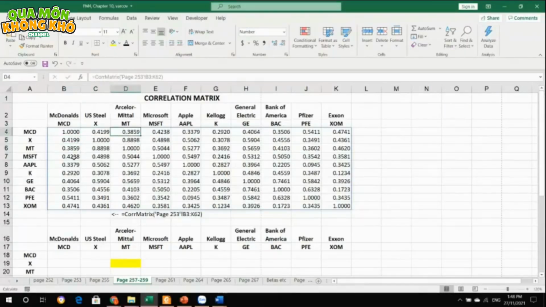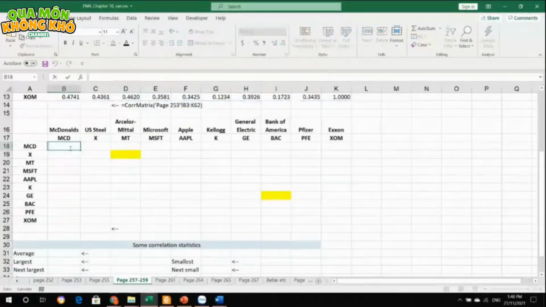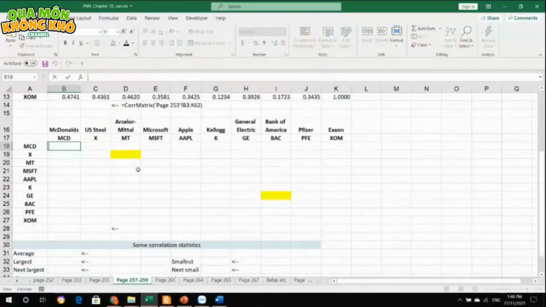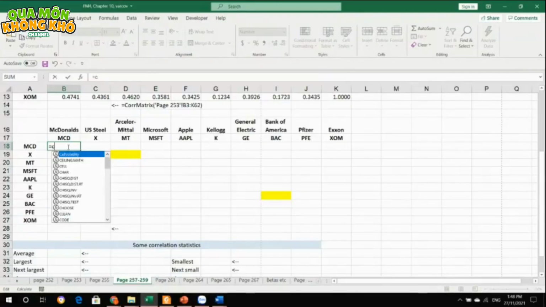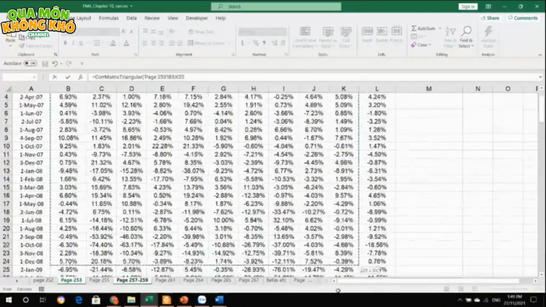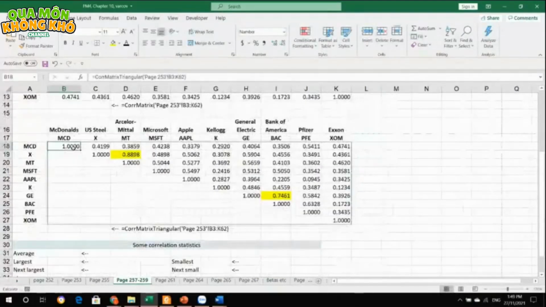So we have the symmetric way to show the correlation matrix by just taking the upper half using the correlation matrix calculator. So you see, we just take the value of the upper half of this matrix.